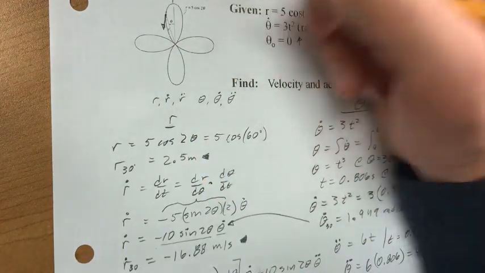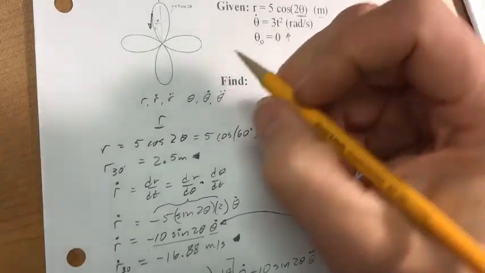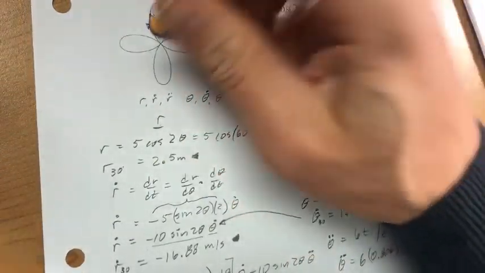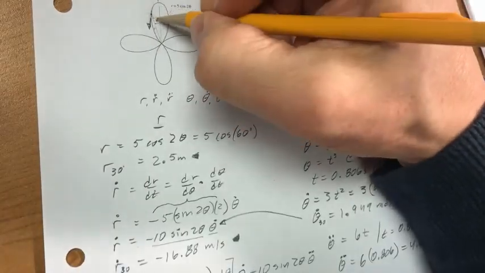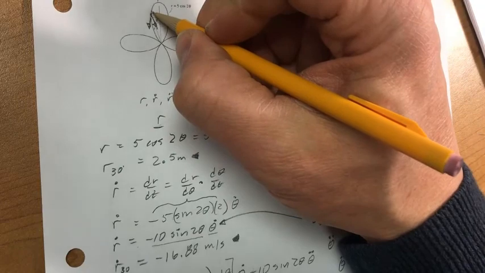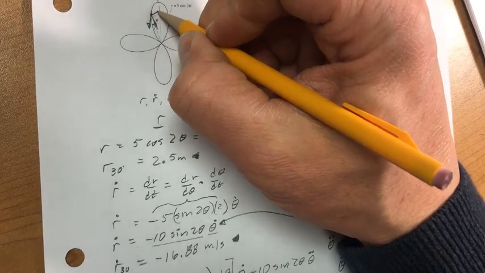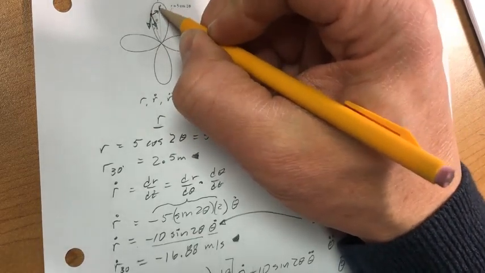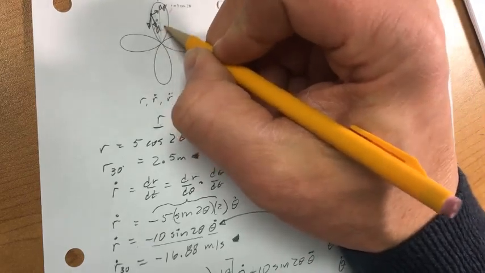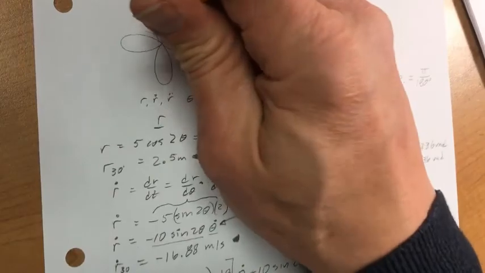So it's accelerating this way in the r direction, I should say, and in the theta direction, slowing up. It's going backward. Okay, so that's my acceleration theta, acceleration r.